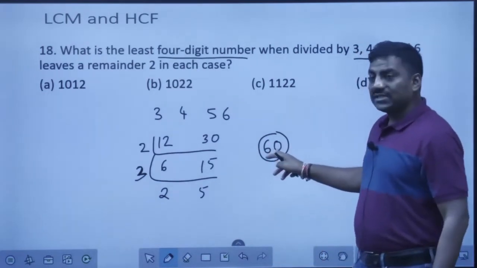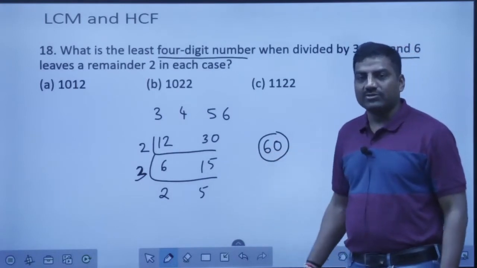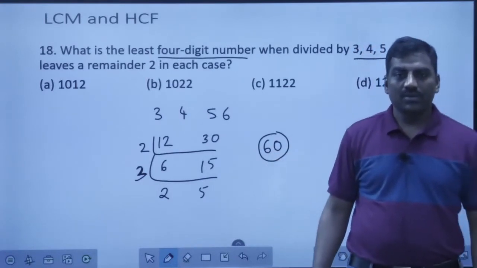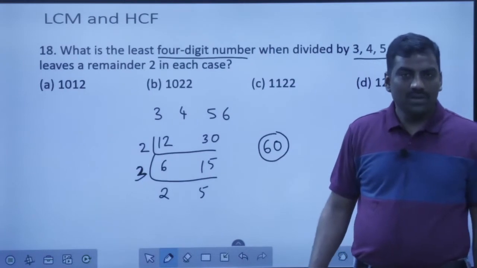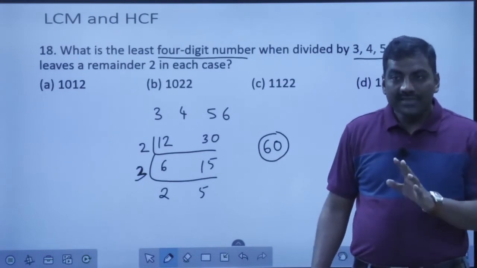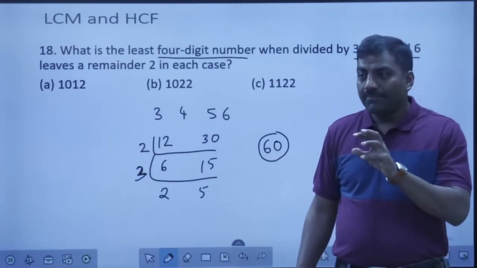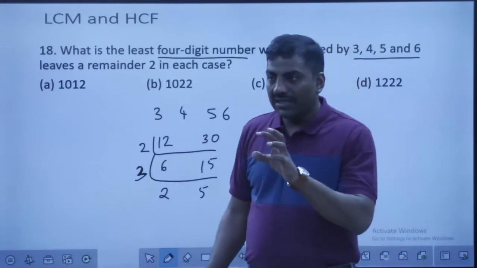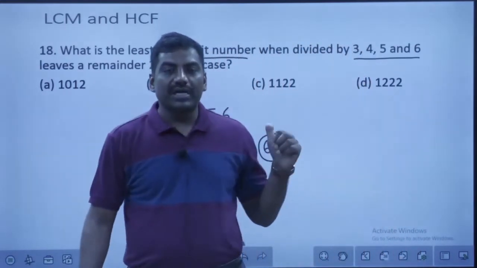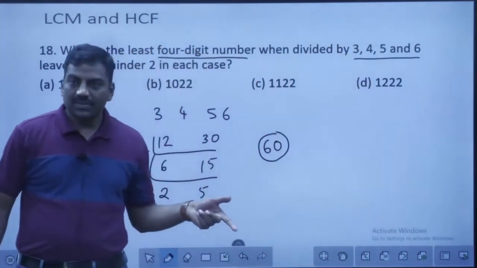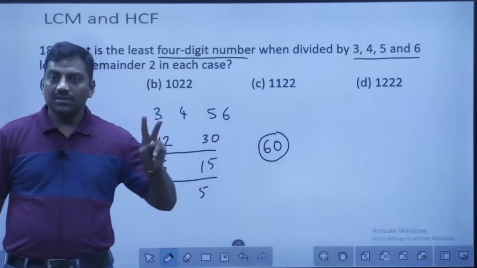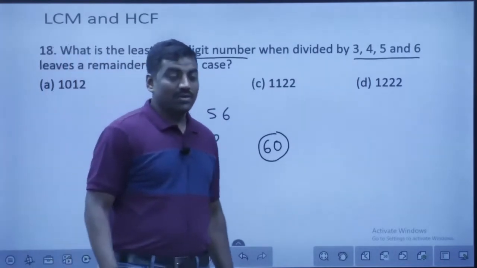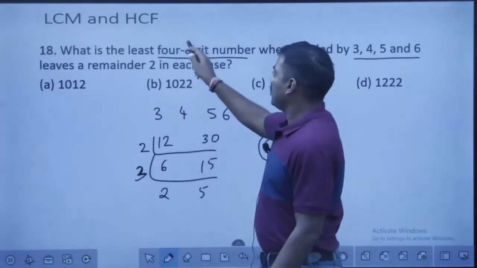If you divide 60 by 3, 4, 5, 6, what will be the remainder? 0. You add 2 to 60. 62 is the least number which can be divided by 3, 4, 5, 6 and which leaves remainder 2.